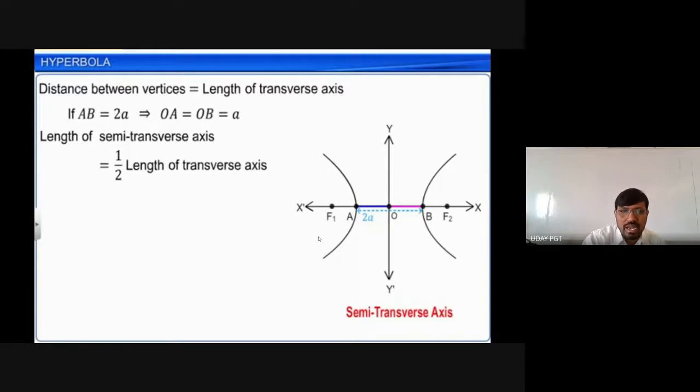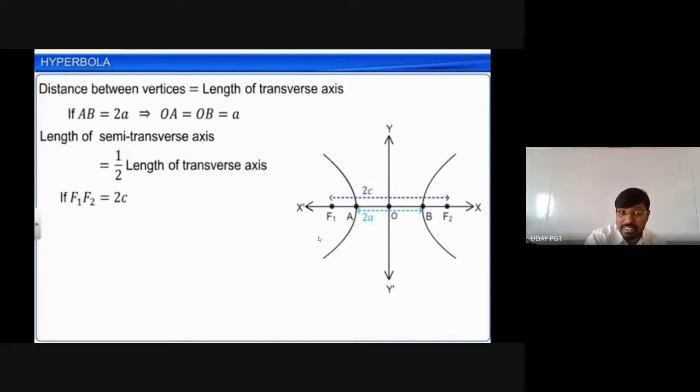Now in this situation, the distance between the two vertices, AB, we denote by 2a, and OA equals a units and OB equals a units, so the length of the semi-transverse axis is a units.